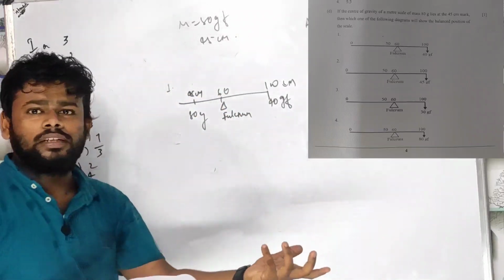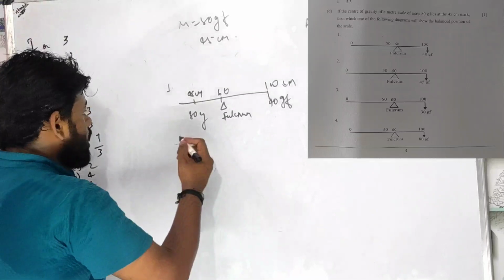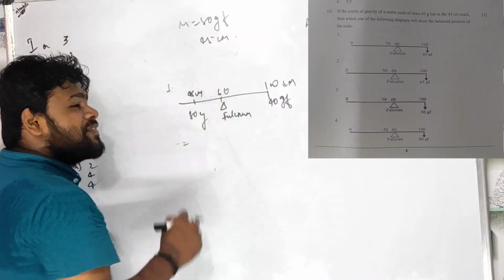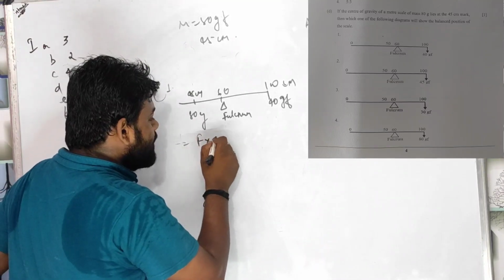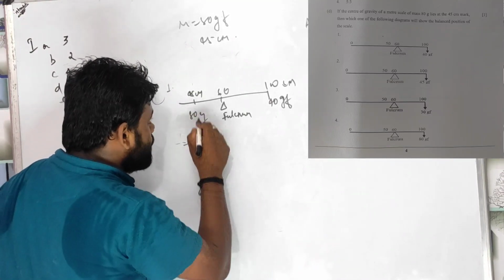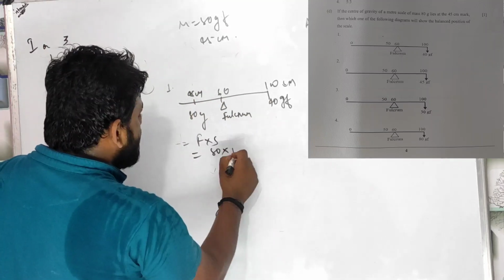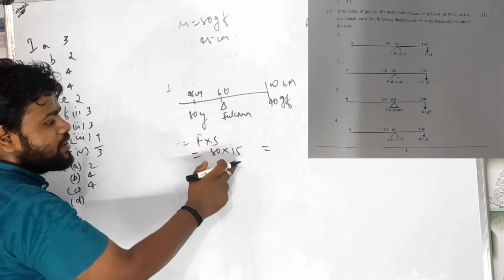So let us do it using the principle of moments. What is the principle of moments? Forgotten everything. See, it is very interesting. 60 minus 45, what are you getting? Force into displacement, F into S. What is the force? It is gram force. 80 times 15, because 60 minus 45 is 15.